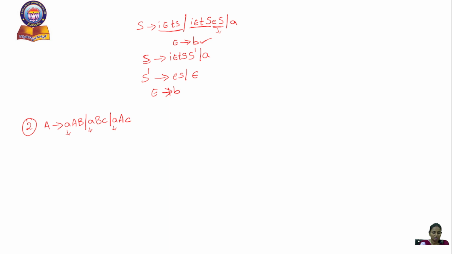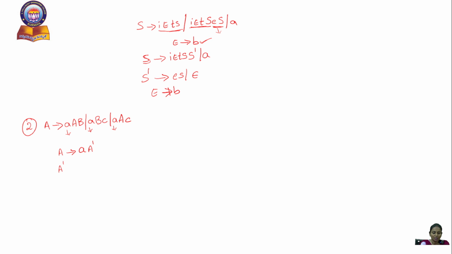Now it contains left factoring, common prefixes, so we can transform it by eliminating the left factoring. So I can write A derives, and what is the common prefix here? A is the common prefix, so I will consider A, and which non-terminal is producing this production? A is producing, so I am going to write A dash.